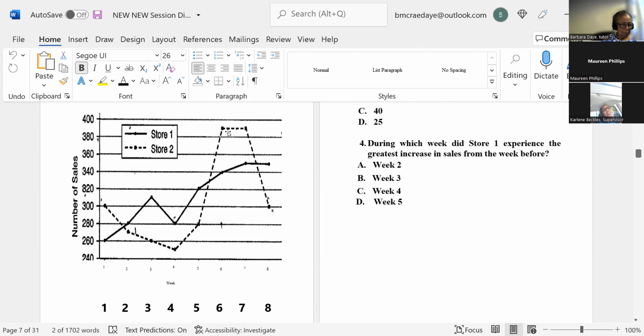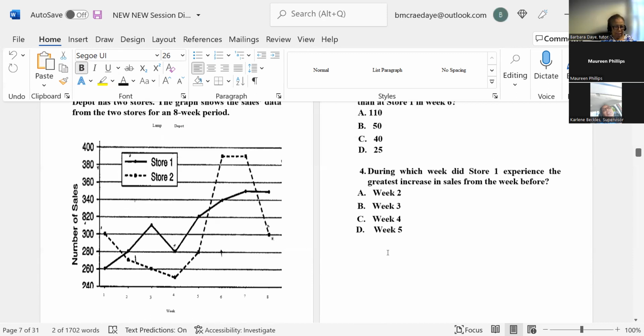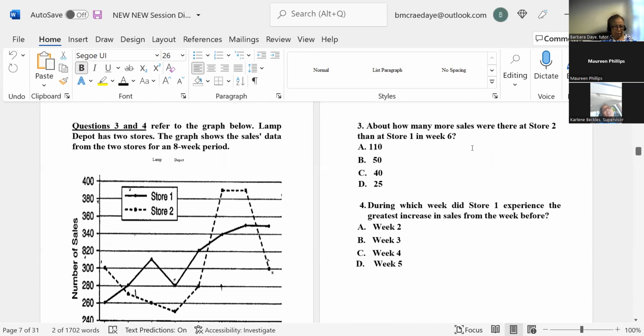And then you go up here and that's store 2. Maureen, we know that store 2 is the dashed line.